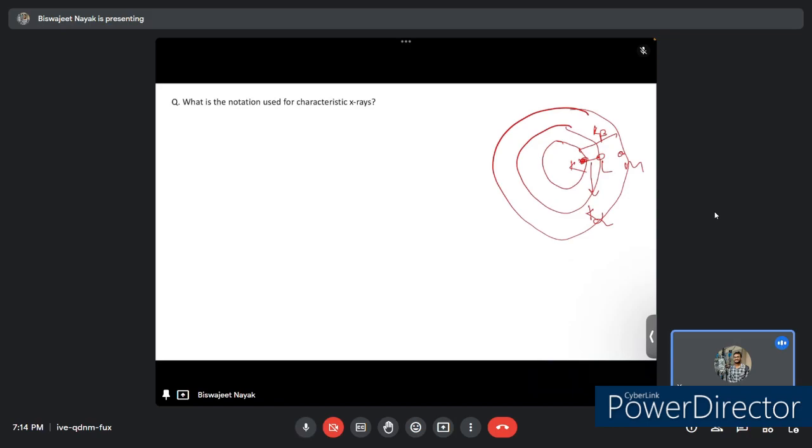A number is usually written to signify the intensity of the line. So the most intense K line is written as K alpha 1, and the most intense L line is written as L alpha 1. So this is the notation which we must have encountered, this K alpha. What is this?